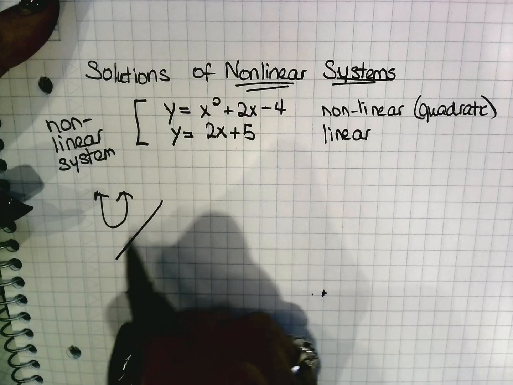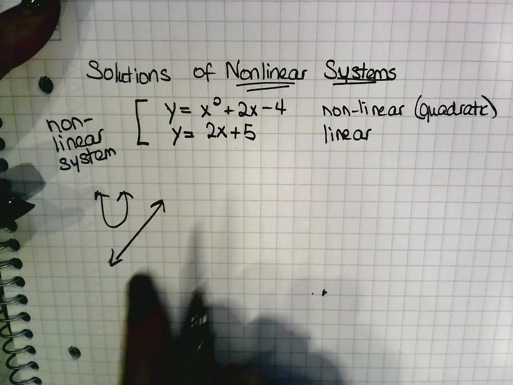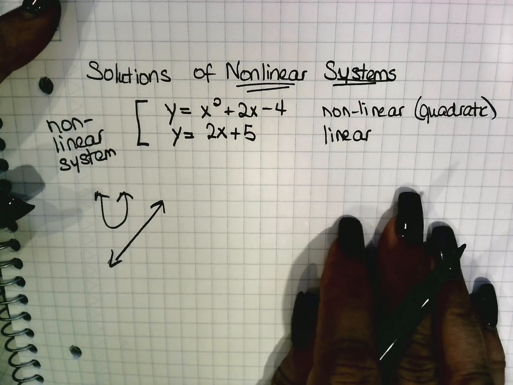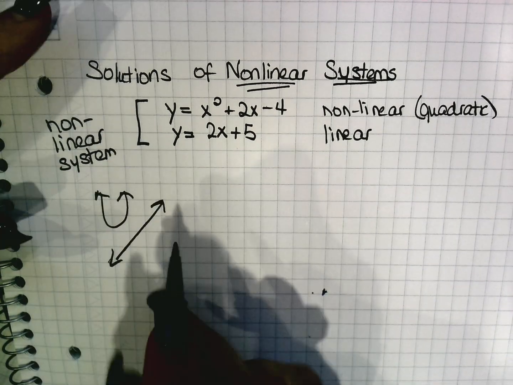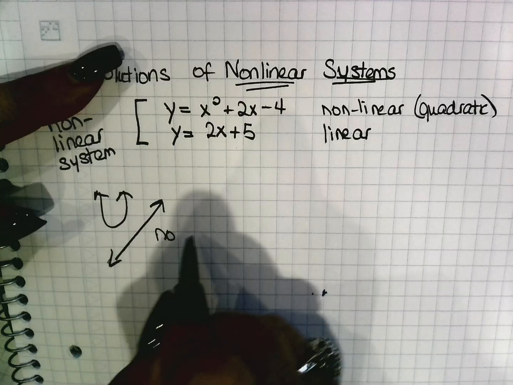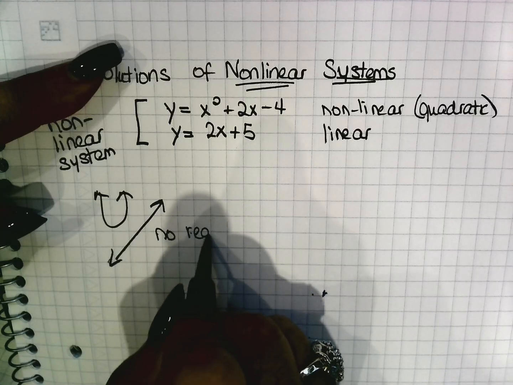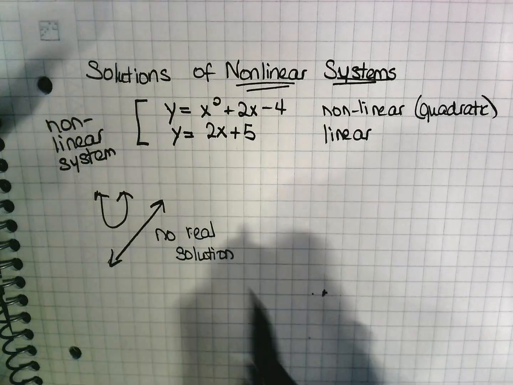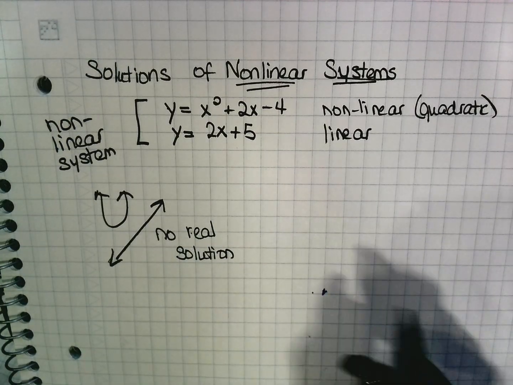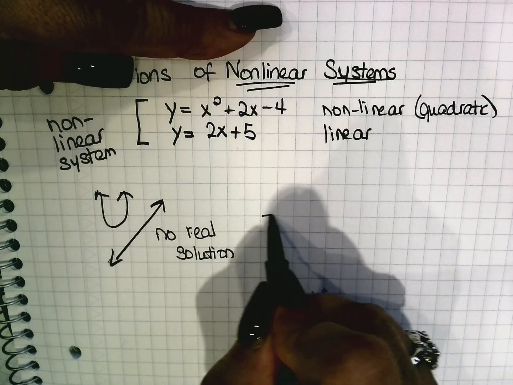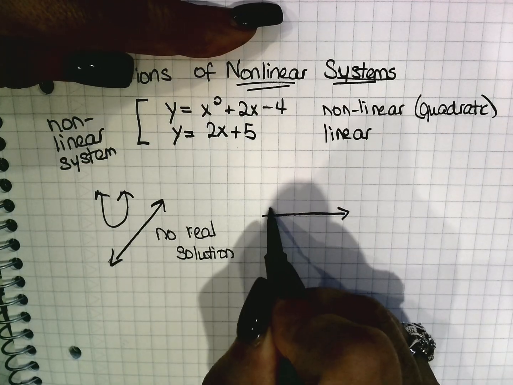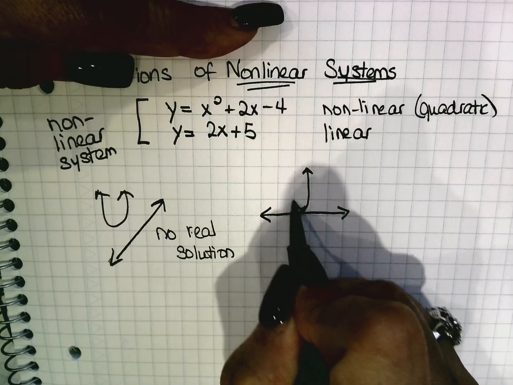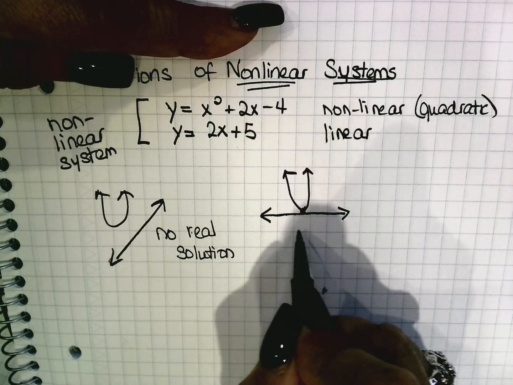You can have something like this, where your line is down here and your parabola is over there, and they never cross. So there is no real solution.